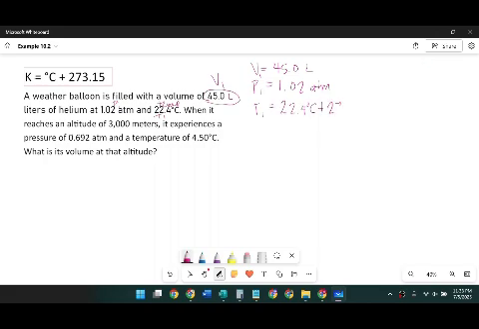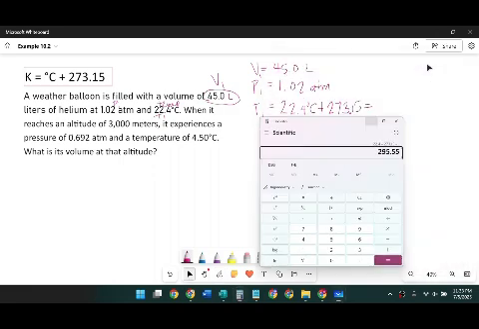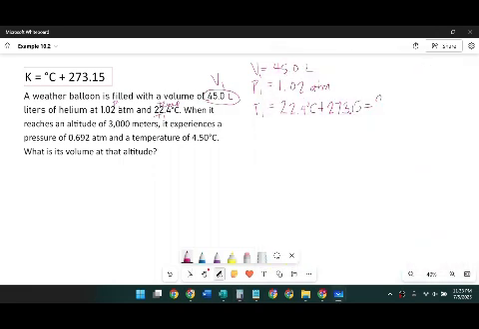Let's go ahead and add so that we can convert this to Kelvin. So 22.4 had its last digit in the tenths place, so this is going to be 295.6. That's Kelvin.